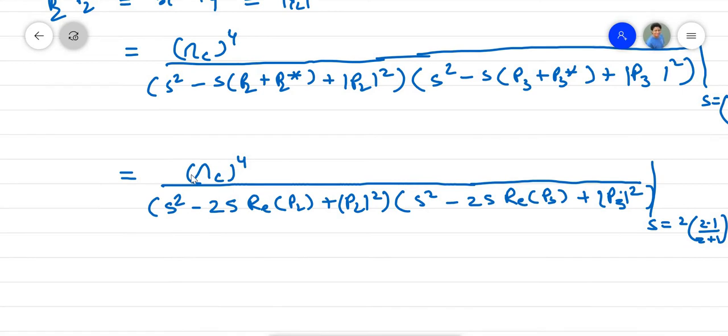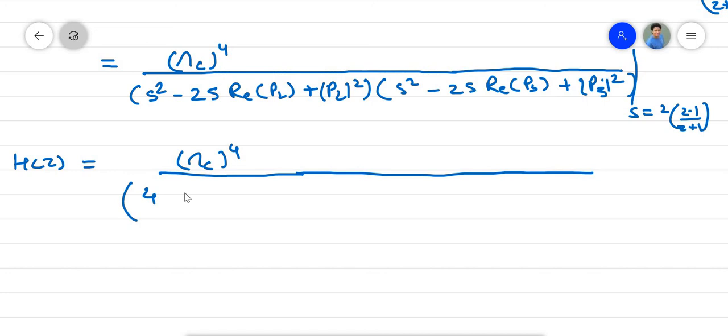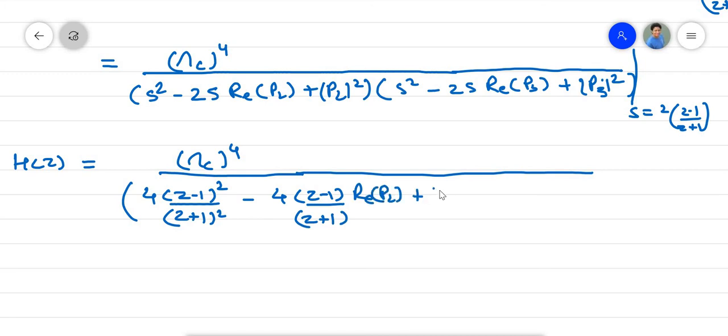for S equal to 2 (z minus 1) over (z plus 1). Now if we substitute the value of S, it will be omega c to the power 4, and then this will be H(z). It will be 4 ((z minus 1)/(z plus 1)) square minus 4 ((z minus 1)/(z plus 1)) into real part of P2 plus mod of P2 square.